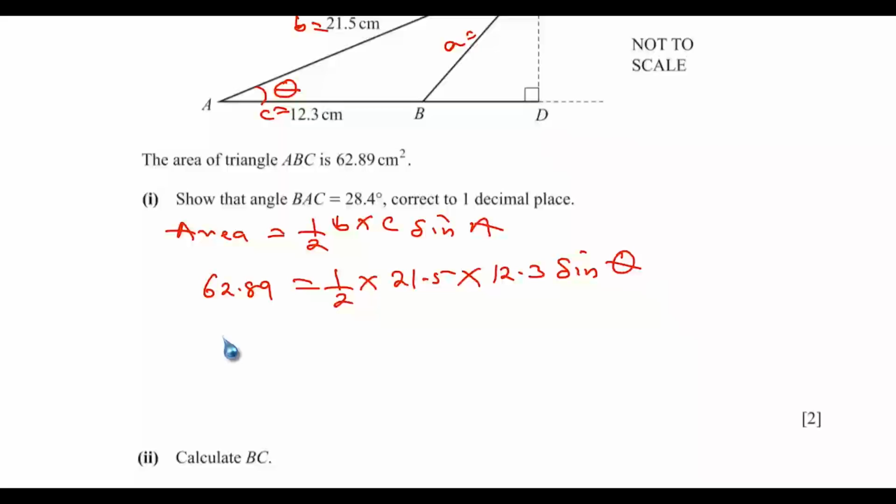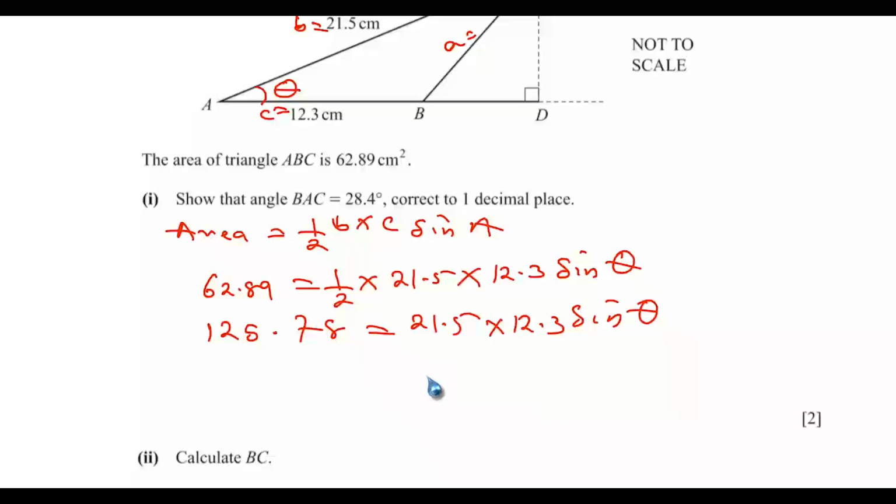So I think we can cross multiply 2 multiplied by 62.89. That will give you 125.78 equal to 21.5 multiplied by 12.3 sine theta.